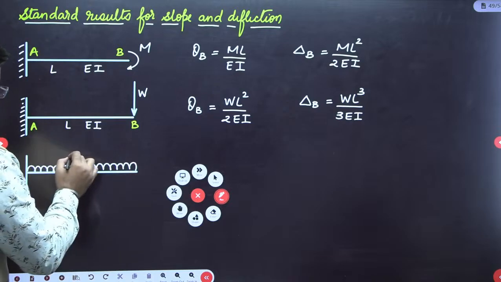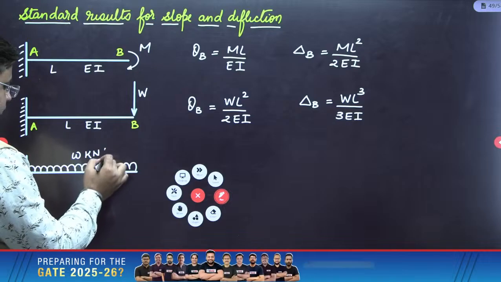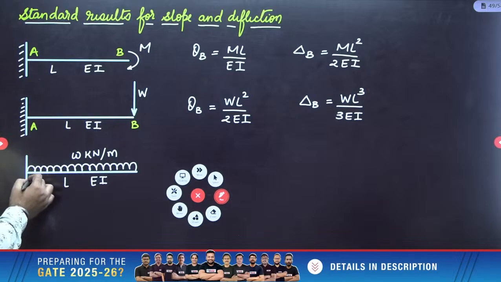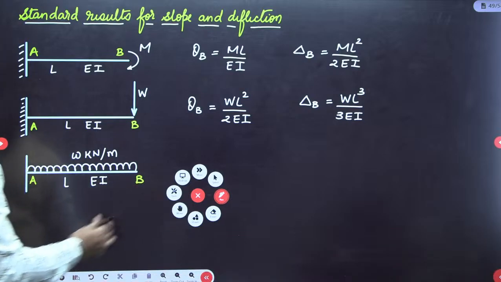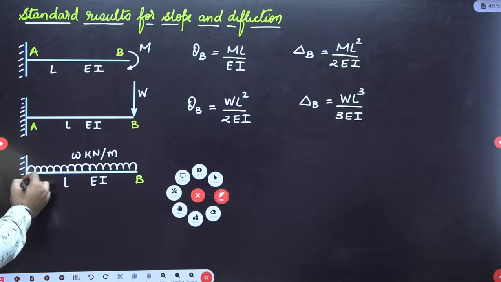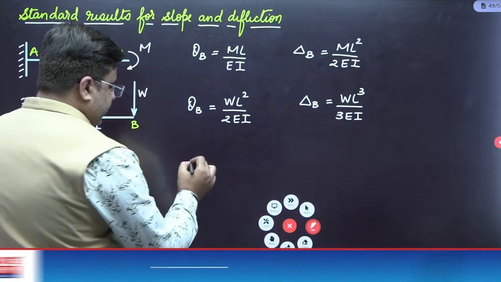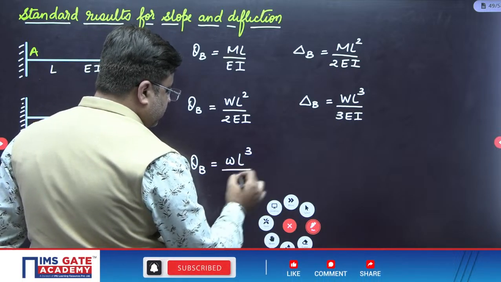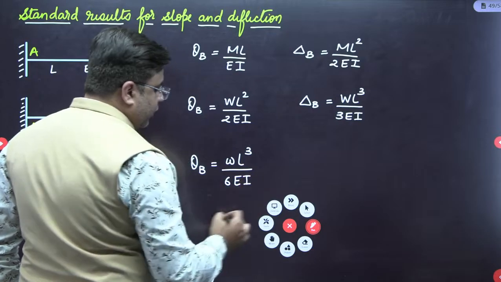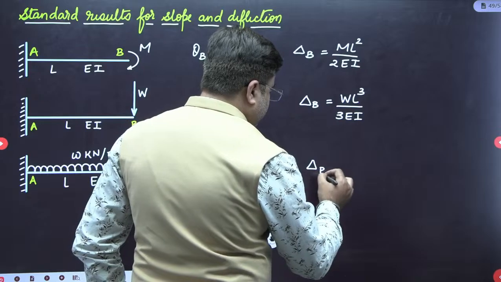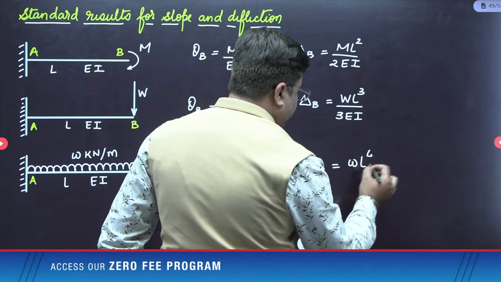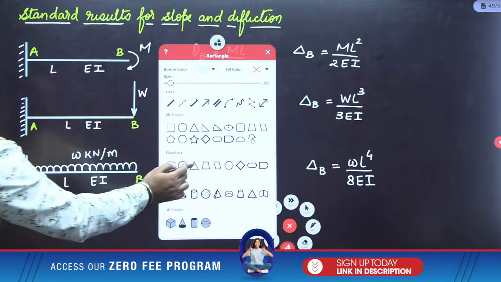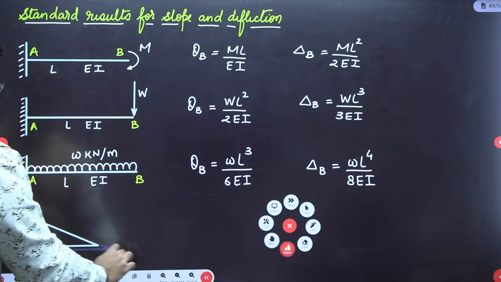So this is W kilonewton per meter. Length is L, flexural rigidity is EI. This is A, this is B. So you have theta B is equal to WL cube upon 6EI, and you have delta B, which is equal to WL raised to the power 4 upon 8EI. And then you have the last standard result of a cantilever beam subjected to UVL.